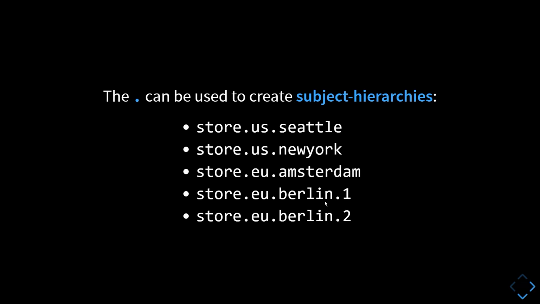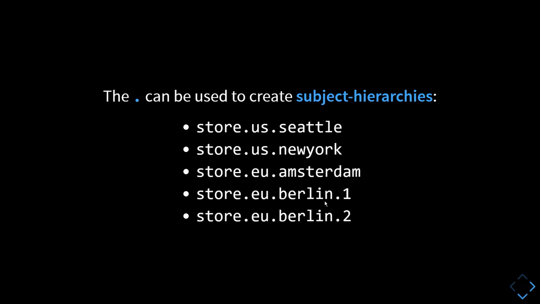But by doing this, for instance, if you have an international store with a couple of stores in the US and a couple of stores in the EU, you can build a hierarchy, and then by sending messages to these individual subjects you can route messages to different receivers. So it is very basic, but this way you can build a pretty elaborate hierarchy.